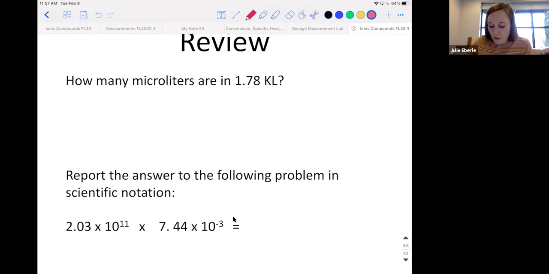Now, micro isn't one I ask you to memorize. Remember, if you didn't get this already, 10 to the 6 microliters in 1 liter. Okay? You might need that in a minute too.